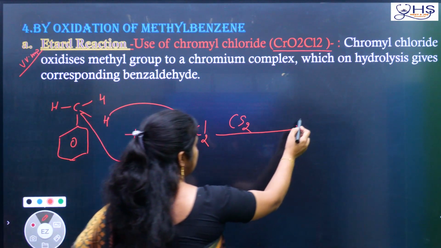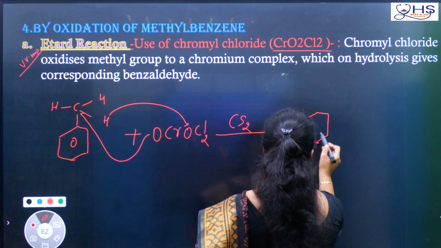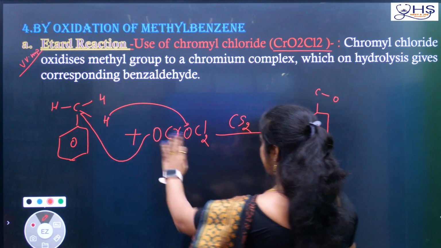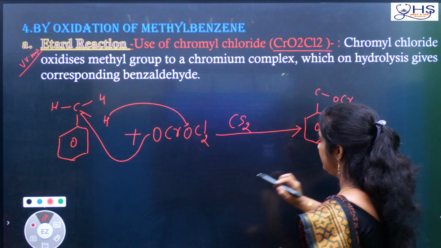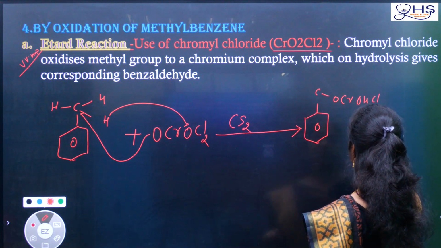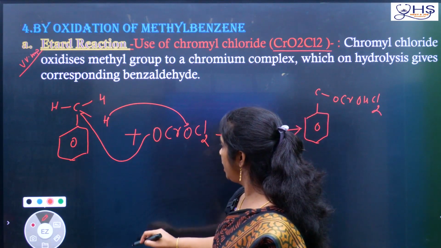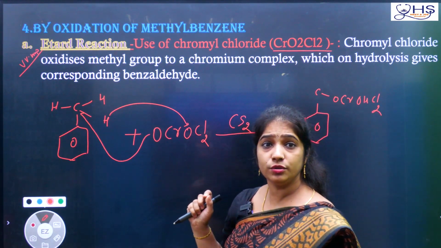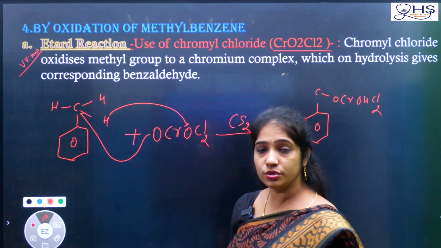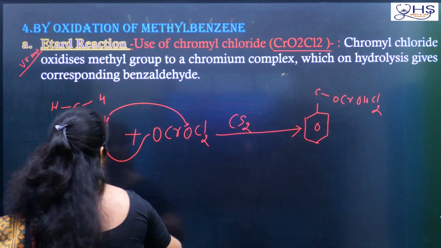What will it become? The intermediate complex is very important over here. Carbon is attached with oxygen and Cr, and this hydrogen I attach to this oxygen, so OHCl2. In the same manner, one more molecule of OCrOCl2, the chromyl chloride, CrO2Cl2, I take and do the same with this hydrogen also.